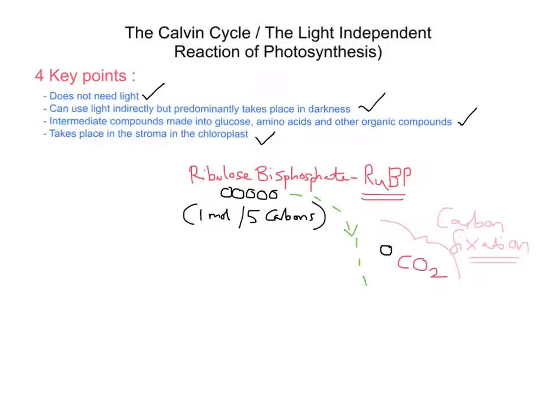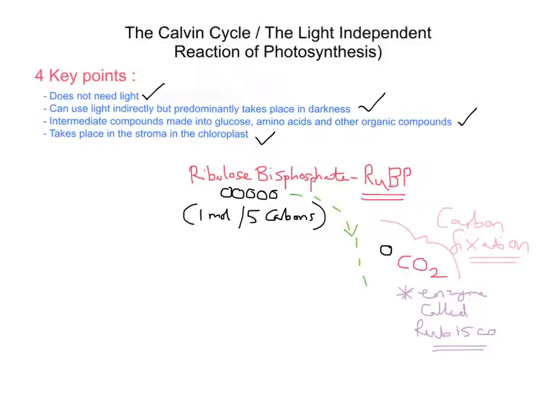So carbon dioxide has entered the chloroplast by diffusion, passes into the stroma, and what we're going to do is get that carbon to essentially react with the ribulose bisphosphate, and that is catalyzed by an enzyme. And the enzyme we're going to use is called Rubisco, as part of carbon fixation.